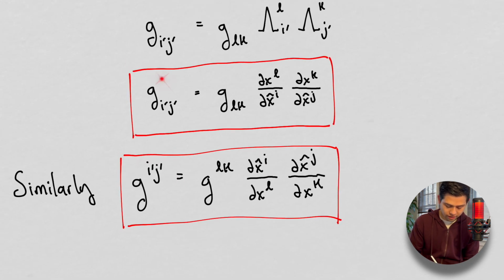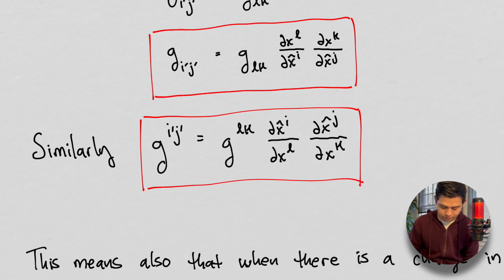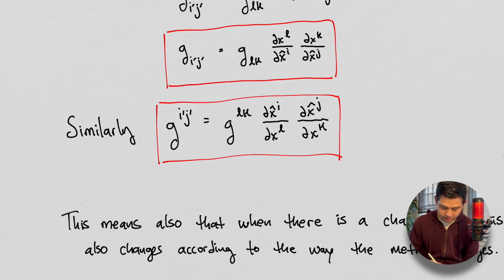And we have g_ij and the L, K indices summing over indices, and we have these right here, okay? And last but not least, we have similarly how the rank 2-0 metric tensor transforms as well. The rank 2-0 metric tensor transforms in this way. Okay. So that's what we have, right?